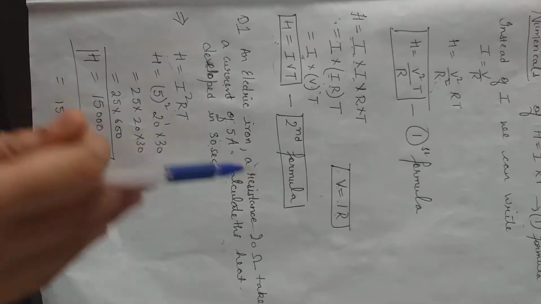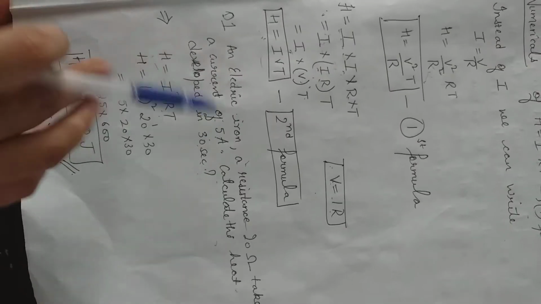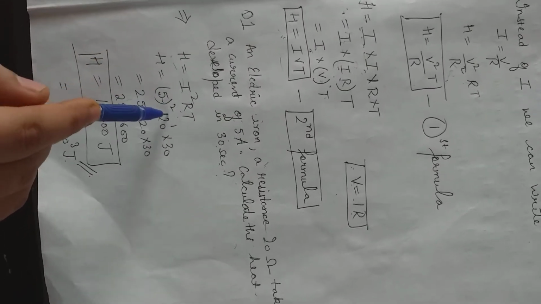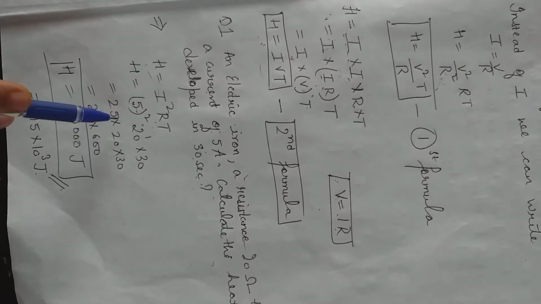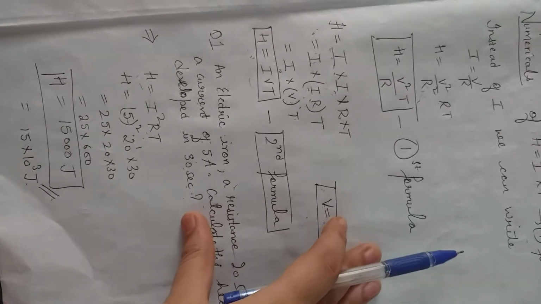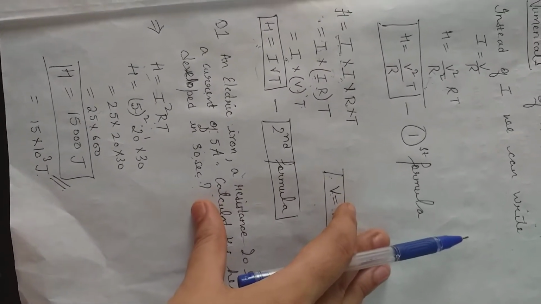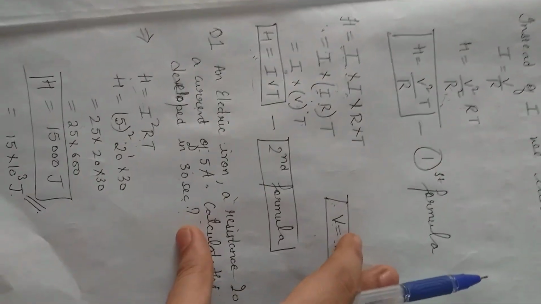You know the value of current, resistance and time. So put it: 5 square into 20 into 30, which comes out to 25 multiply 20 multiply 30. 25 multiply 600, the result will be 15,000 joule, or you can write it as 15 multiply 10 raised to 3 joule. Okay, the meaning is the same.